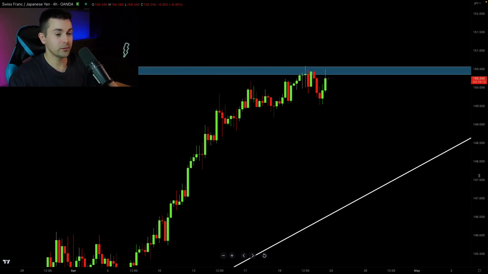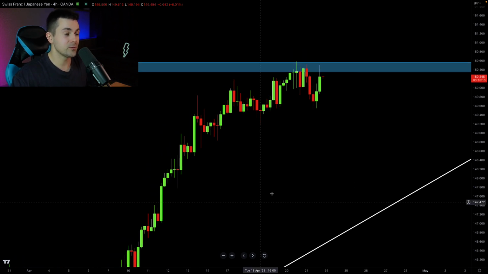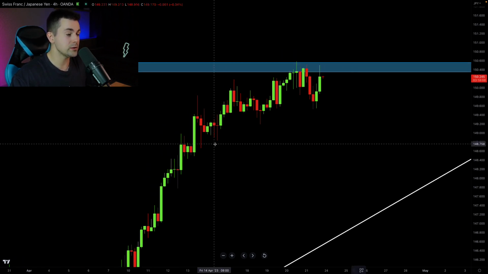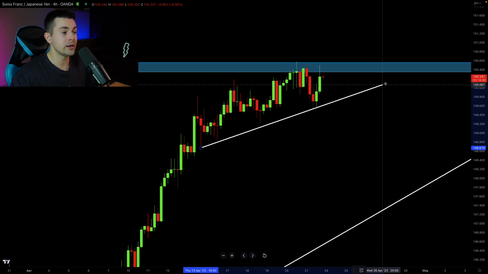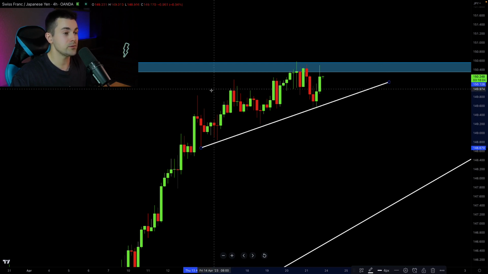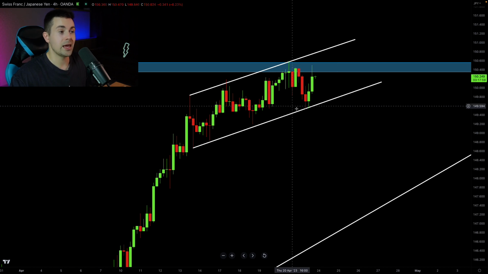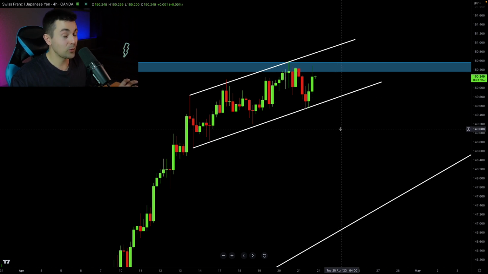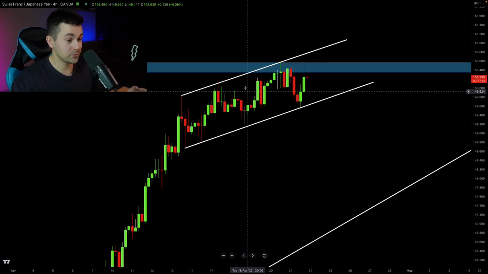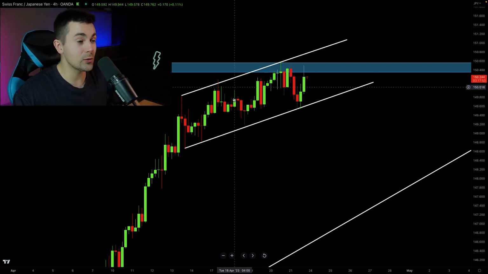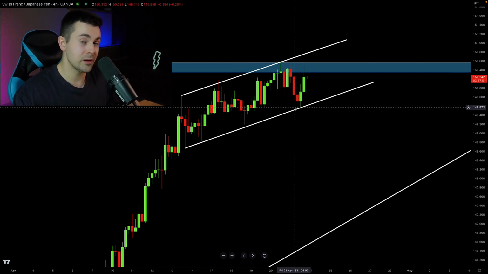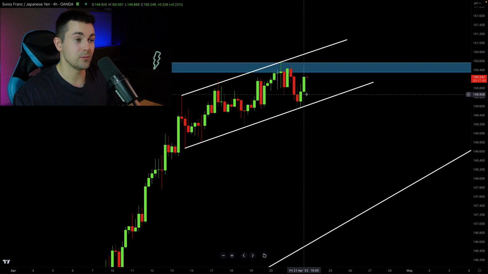With that in mind, analyzing just the recent price action, we can spot that currently the market is trading within this rising parallel channel, and that channel we will apply for confirmation, because while the market is trading within the boundaries of the channel, bulls are dominating the market.